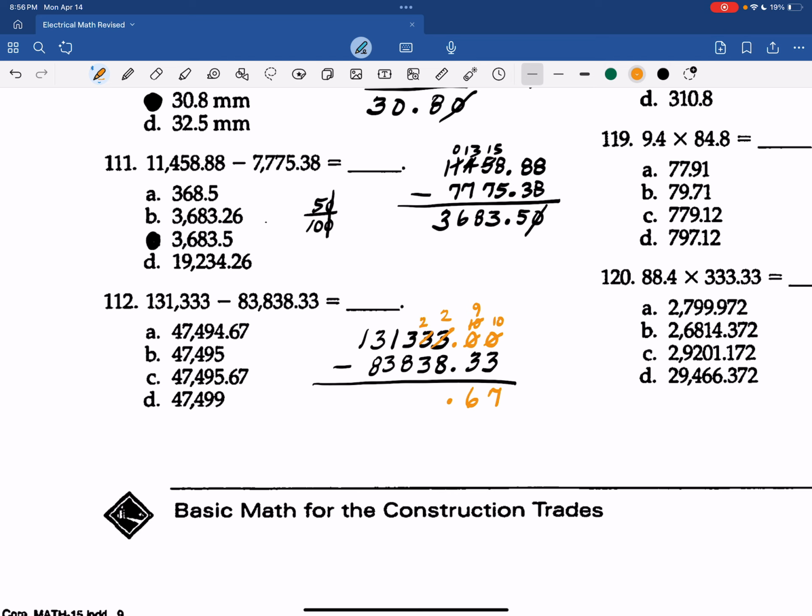You will have to borrow here to get 4, have to borrow here to get 9, have to borrow here to get 4, here to get 10 minus 3 is 7, and then 12 minus 8 is 4. I hate those. 47,494 and 67 hundredths.